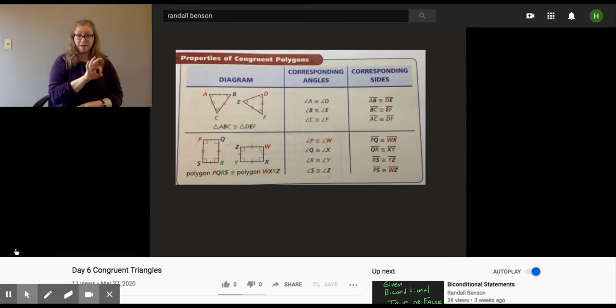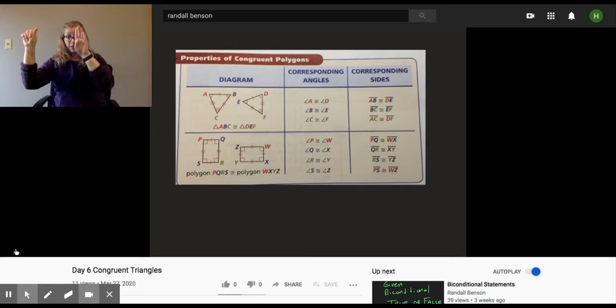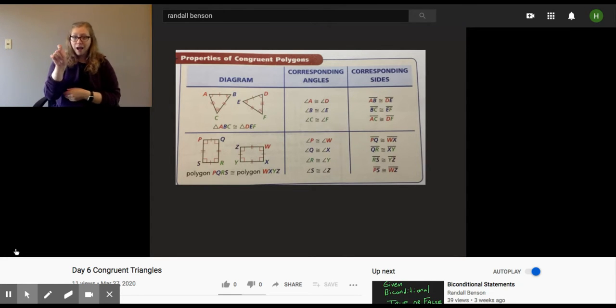The next one is the sides, and that's a little more tricky. Notice if I talk about side AB, that's going from the angle that has 1 marking to the angle that has 2. I want to continue that pattern when I talk about the congruent side. Although segment AB can be named as AB with the line over it and BA with the line over it, and they're considered equivalent, when we're talking about congruence, we don't want to consider them as being equivalent.